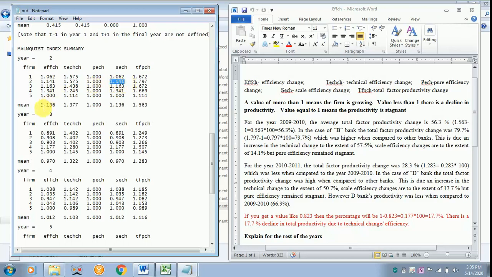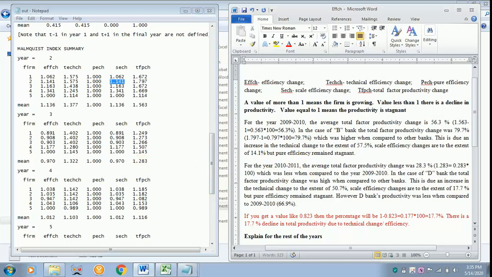Now next for year 3, the next subsequent year, that is 2010-11. There also you can see the average total factor productivity change is 28.3%, which is less when compared to the previous year.